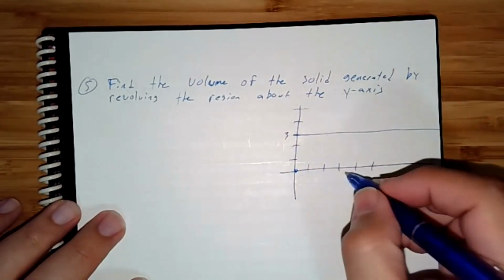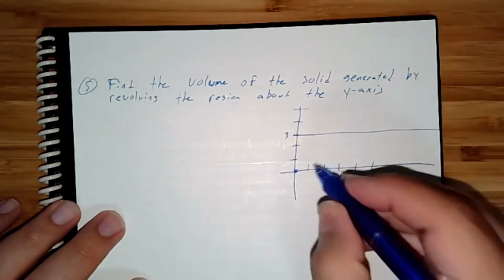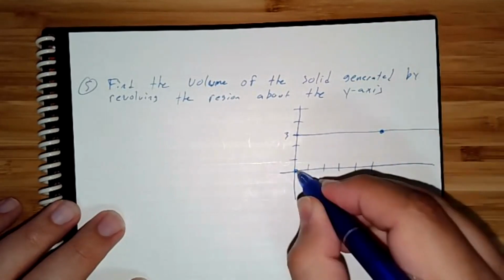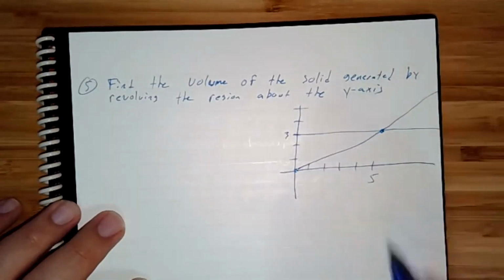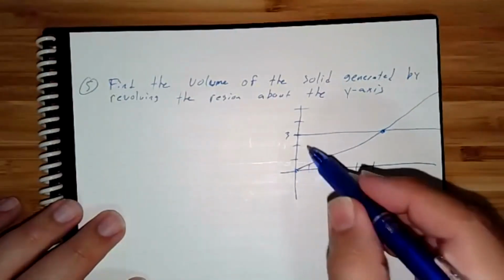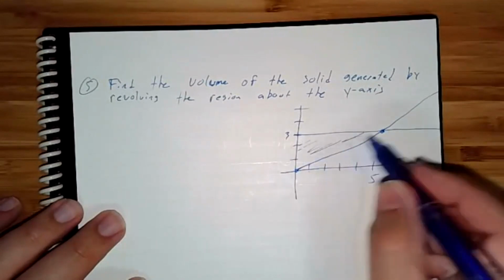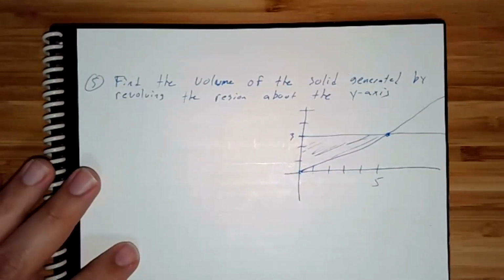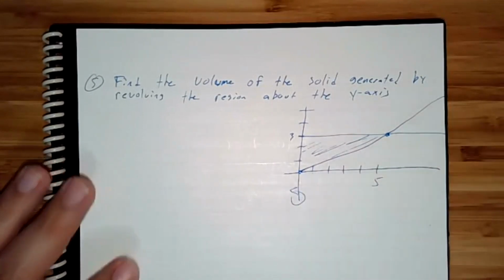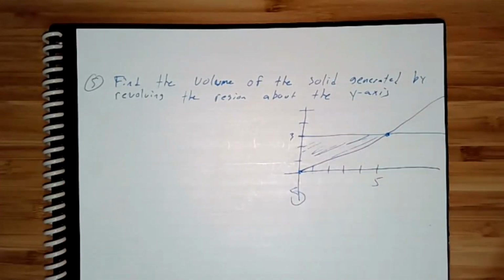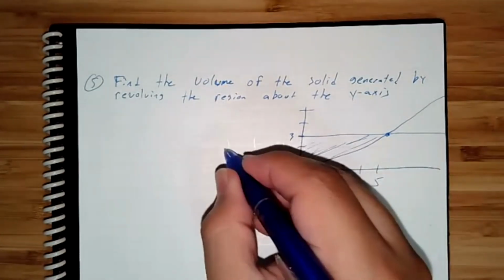Okay, 1, 2, 3, 4, 5. Okay, so here's my region. And we're revolving on the y, so we're going this way. And the function is solved for x.